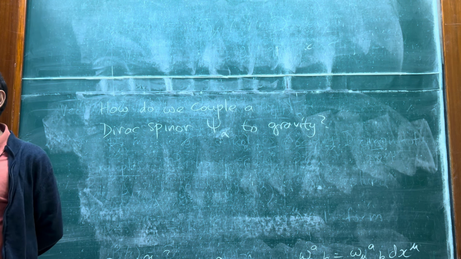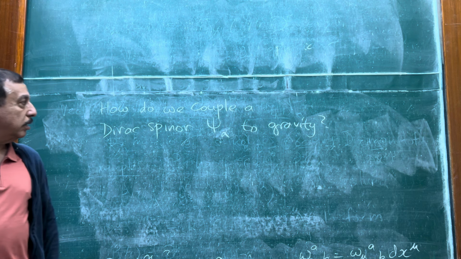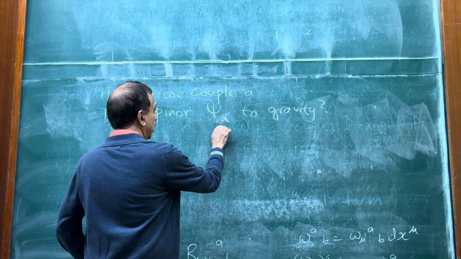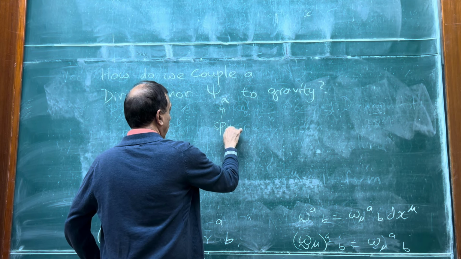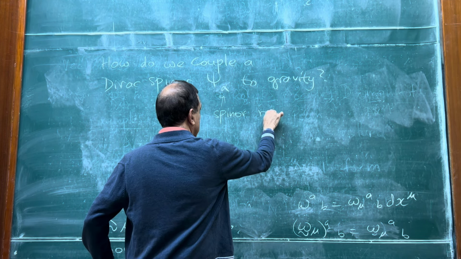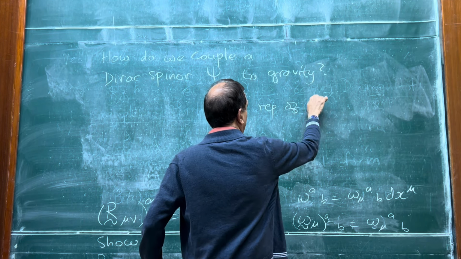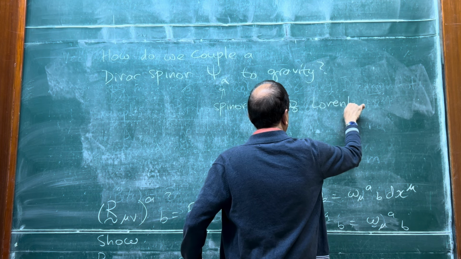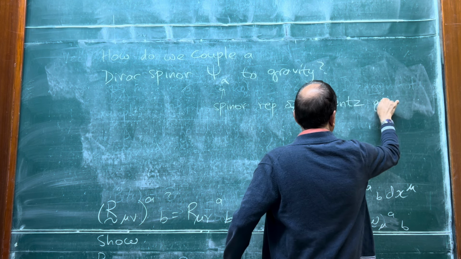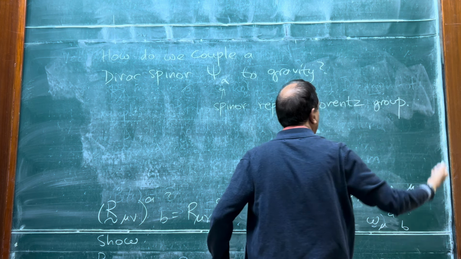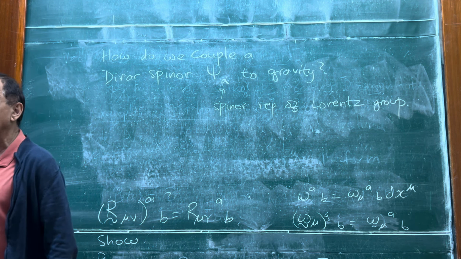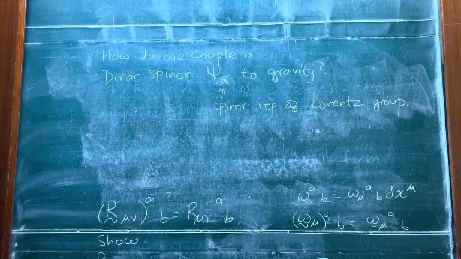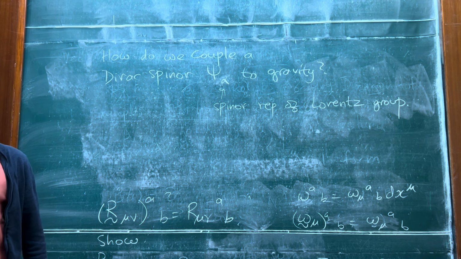So yeah, how do we do this? Now, immediately the problem is this is the spinor index, and therefore it transforms in the spinor representation of the Lorentz group. And if we only knew gravity in terms of the metric, we would keep staring at it forever and not get any inspiration how to couple this to gravity.